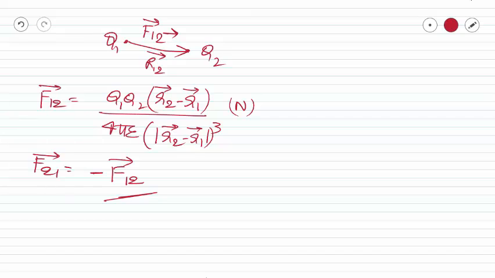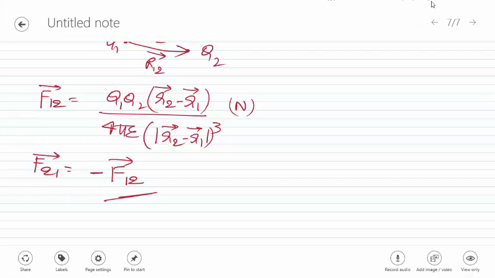Okay, right? So now what if we are having multiple point charges? What if you are having more number of charges? So let us see that case. Let us say you are having a point charge Q somewhere here, and let us say this is the origin.